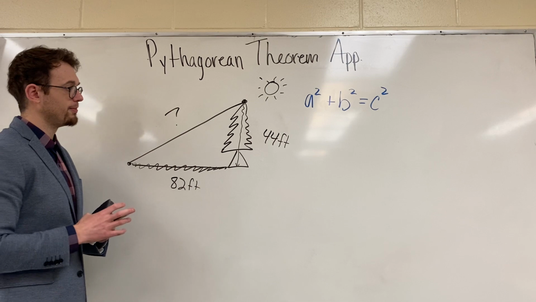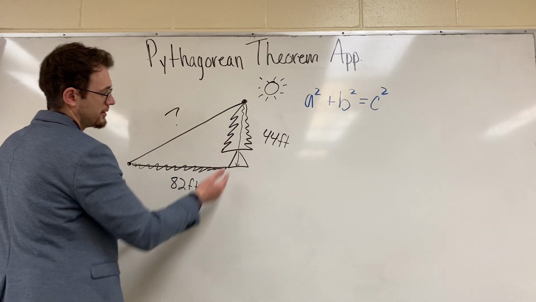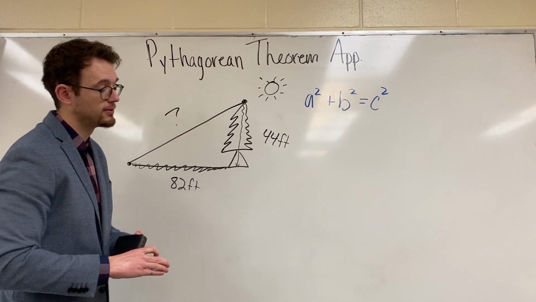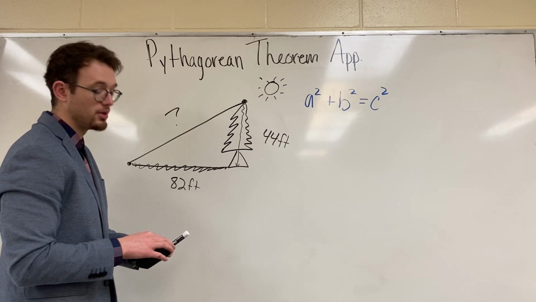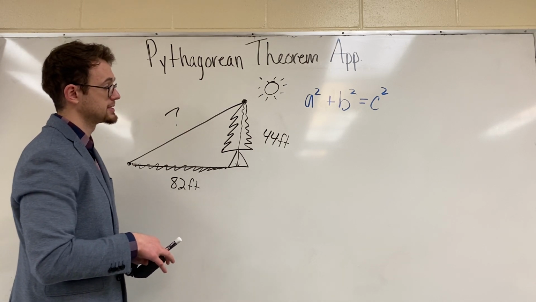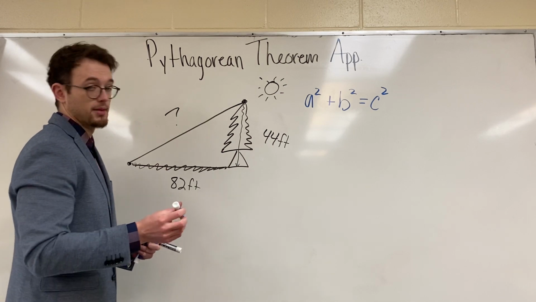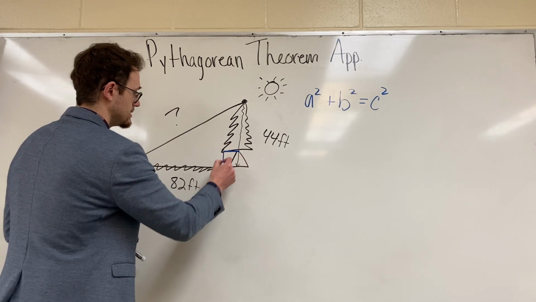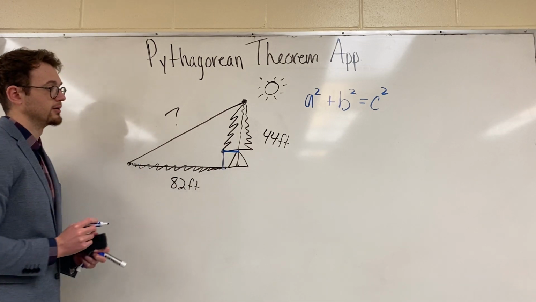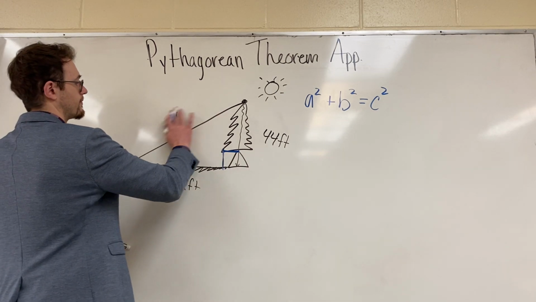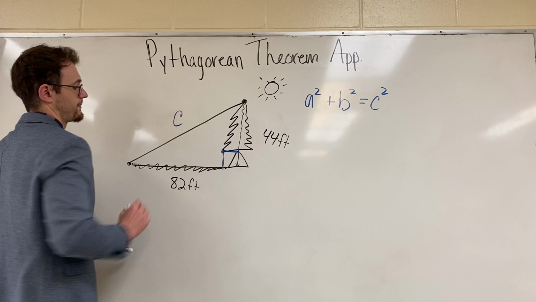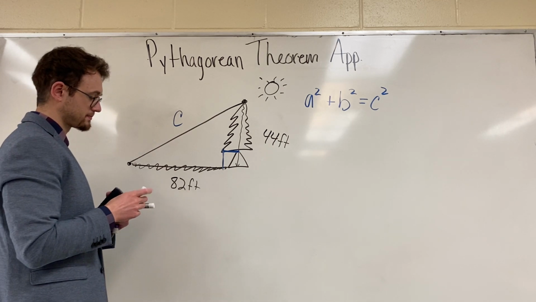Well, we are going to hope, for one, this tree's perfect. This tree's got no tilt. There's no wind blowing around this neighborhood. This tree's standing perfectly straight up, because we're going to make it perfect, and we're going to say that this is the right angle, which makes this not a question mark, it makes a C. So we need to find C.